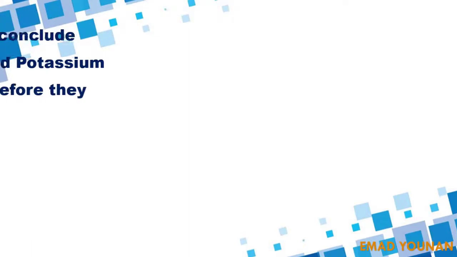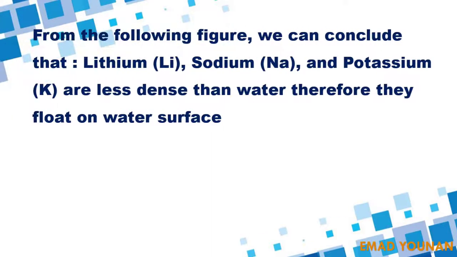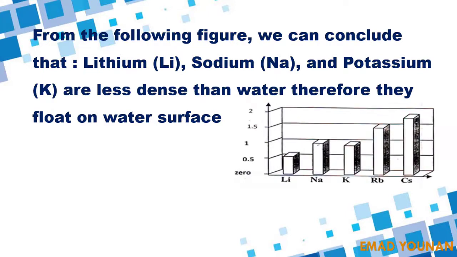From the following figure, we can conclude that lithium, sodium, and potassium are less dense than water, therefore they float above water. The density of lithium is 0.5, sodium less than 1, potassium 0.8, so they float above water, but the density of rubidium and cesium is larger than the density of water, so they sink in water.